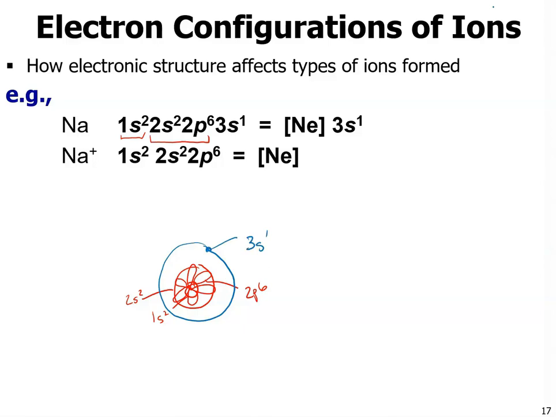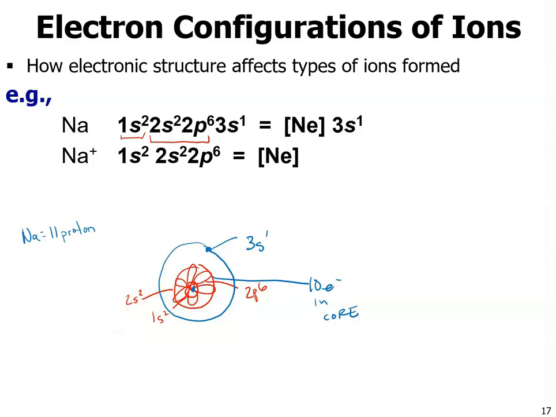Now the effective charge in a sodium element, if we have 11 protons in that nucleus, we know that we have 10 electrons in the core, the 6, 7, 8, 9, 10 in the core.